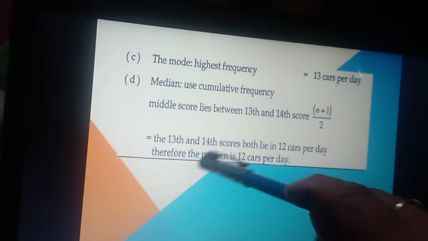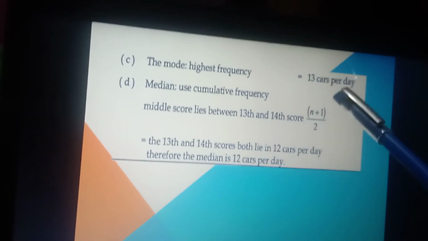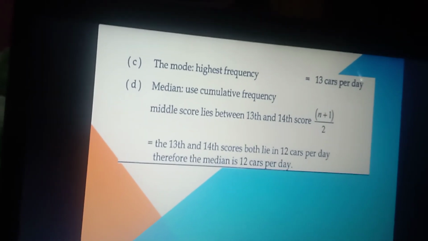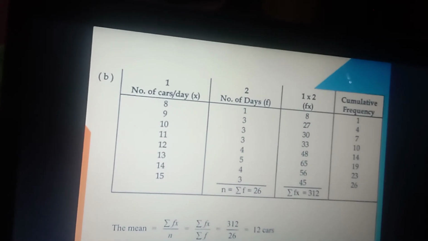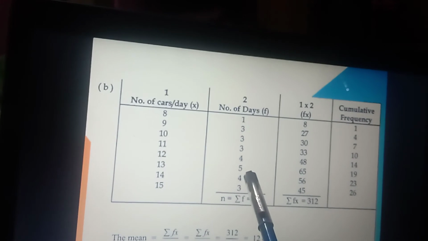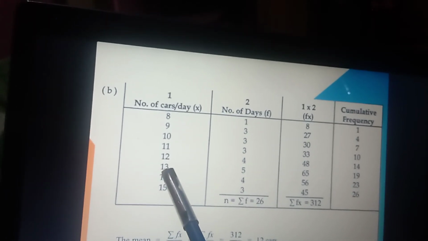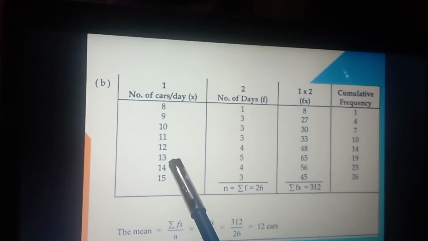The mode is 13 cars per day. As you can see on the table, 13 cars ran for 5 days on the road. So simply by observation you get that 13 is the highest one. So the mode z is equal to 13.